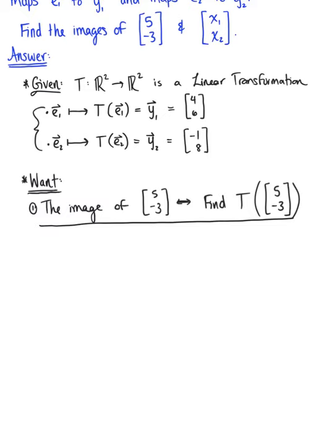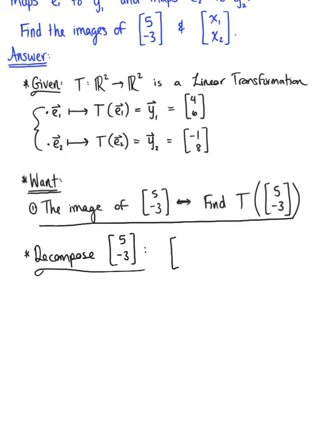How are we going to do this? Well, the first thing that we need to do is decompose this vector (5, -3). So we want to decompose the vector (5, -3) into a linear combination of the elementary vectors.